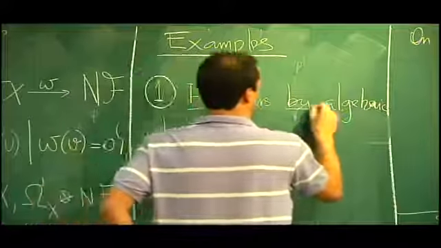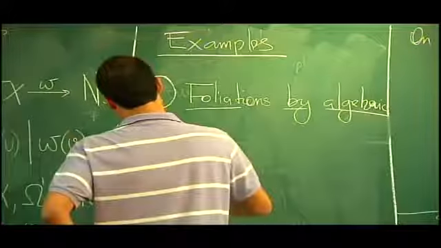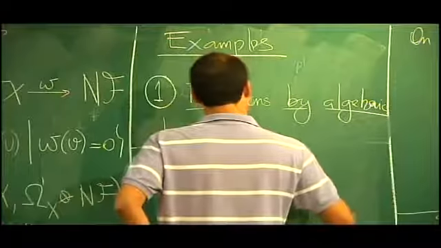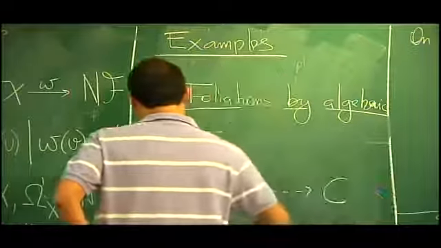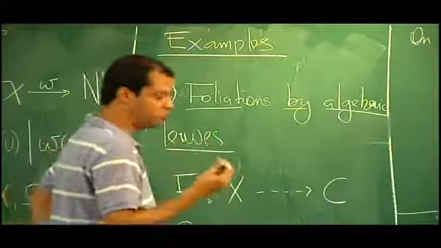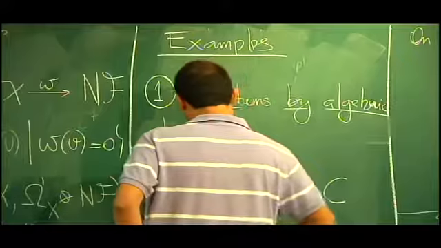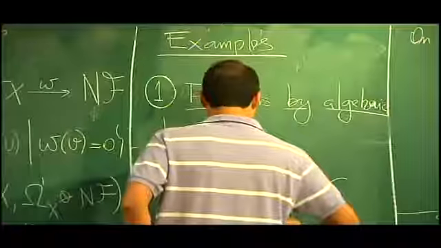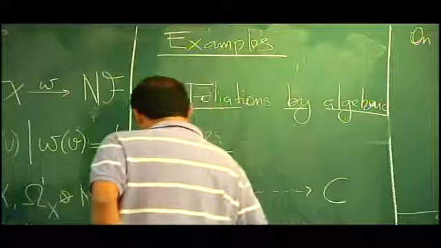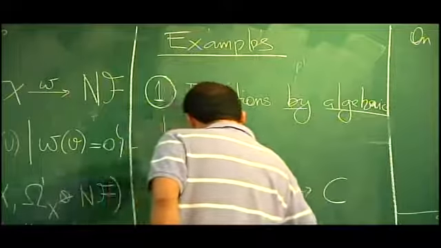So in this setup, we take C an algebraic curve, or a compact complex manifold of dimension 1, or projective curve. These are projective curves. And F a meromorphic map.